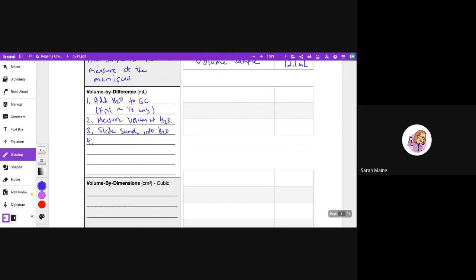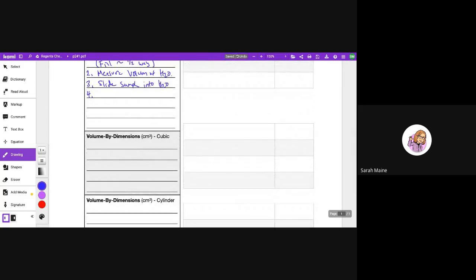Once you've placed the sample into the water, now you have a new and different volume. So now you need to measure the combined volume. Once again, we're using that term combined because of what is in the graduated cylinder: the original water plus the sample.